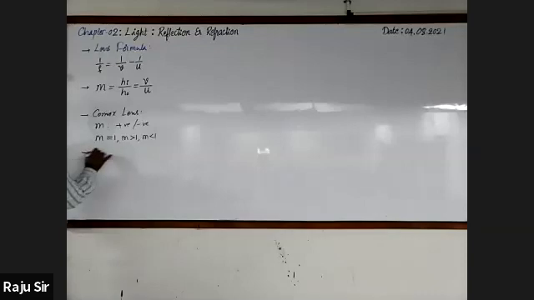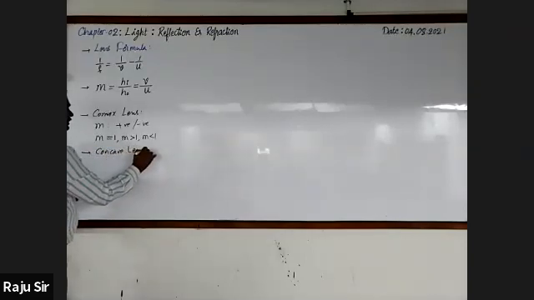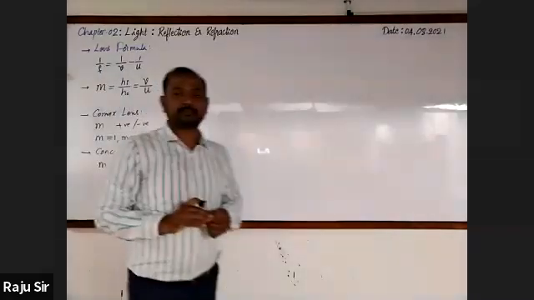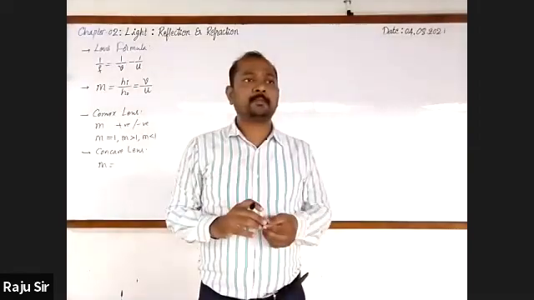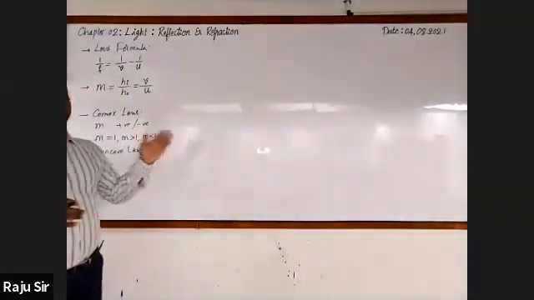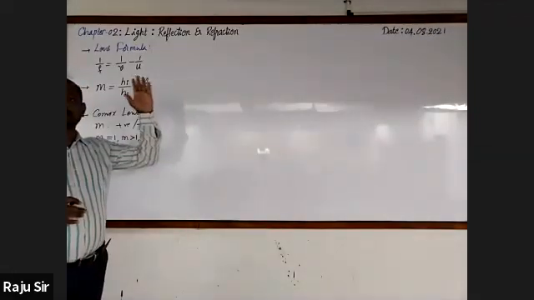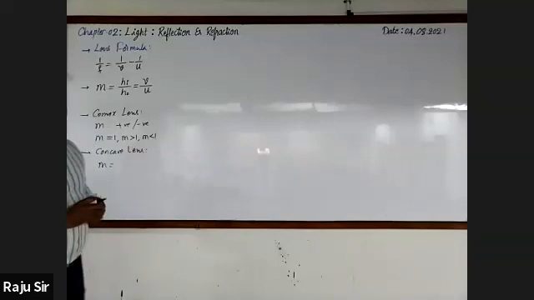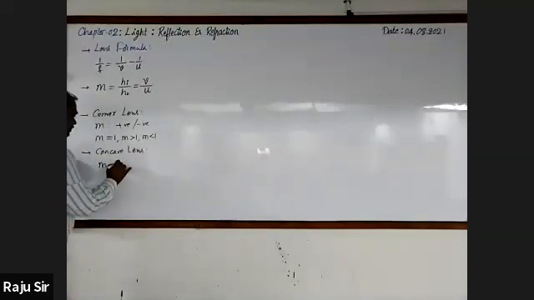Next, magnification with respect to a concave lens is positive, because the image formed by the concave lens is always erect. Hence, as both are positive, this magnification will always be positive with respect to a concave lens.